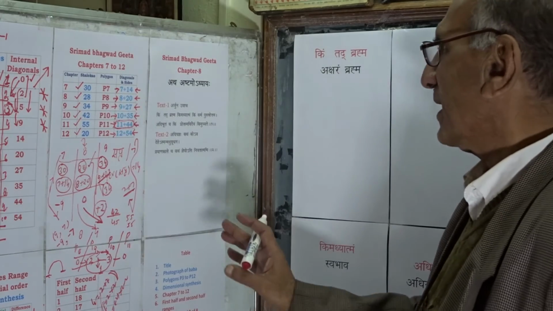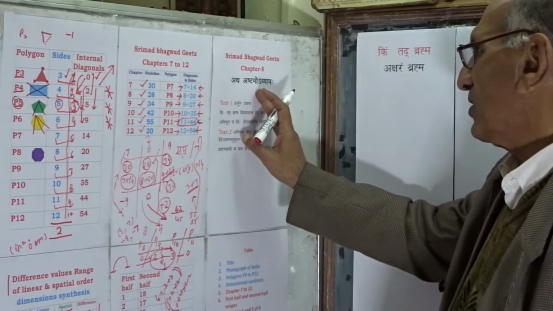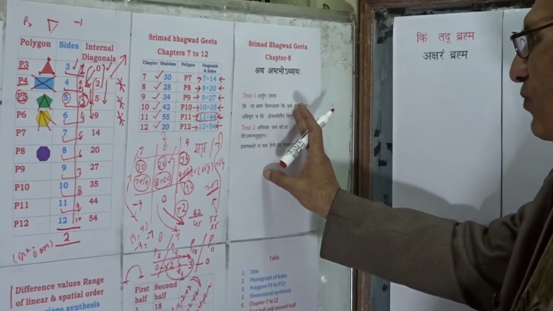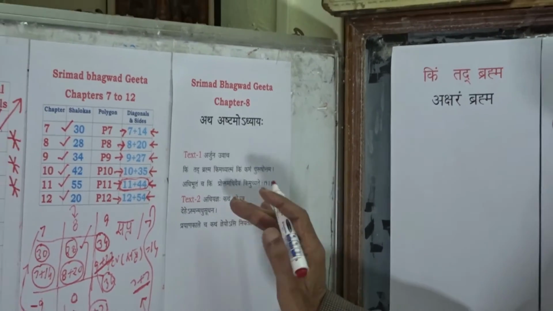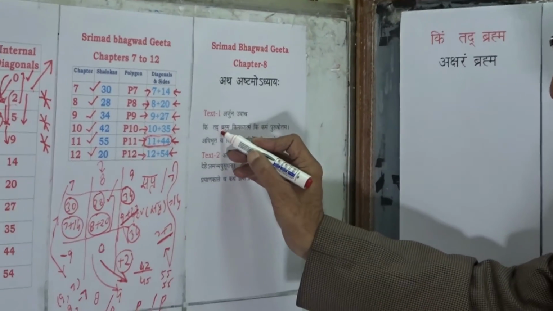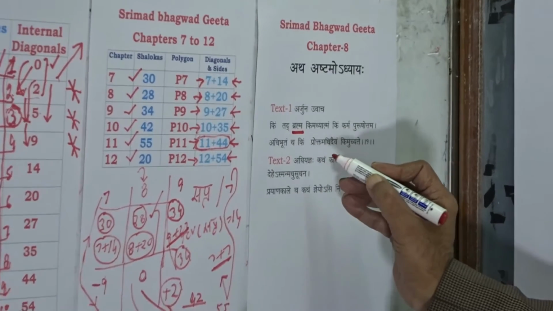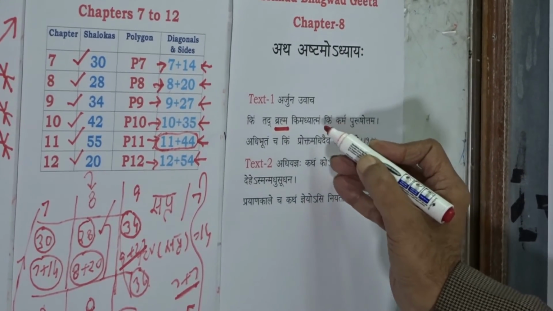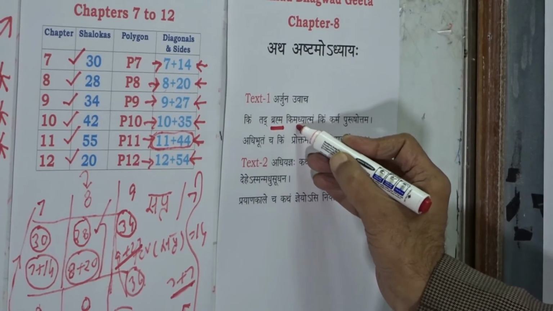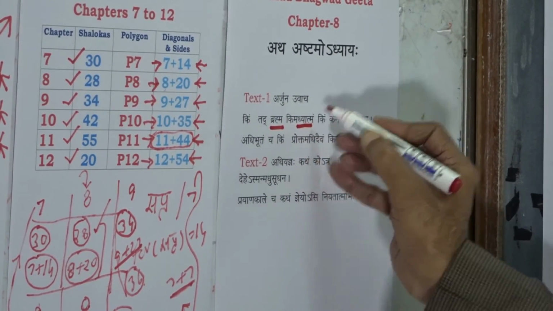We will be beginning again in the next session from the 8th chapter, when we will be focusing upon the 5 basic questions being raised by Arjuna for enlightenment from the Lord Krishna, Shri Bhagwan.